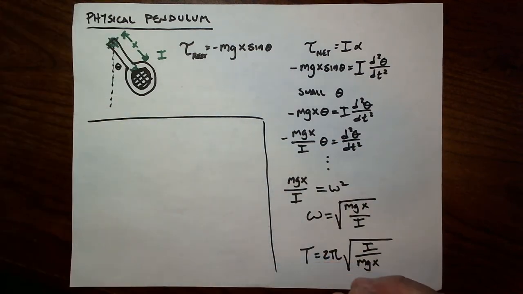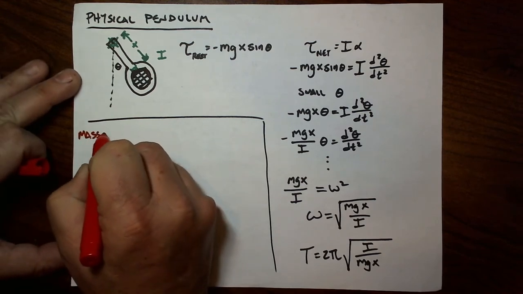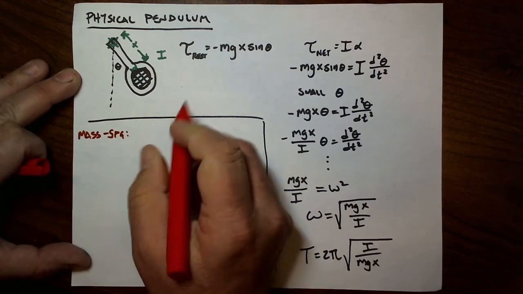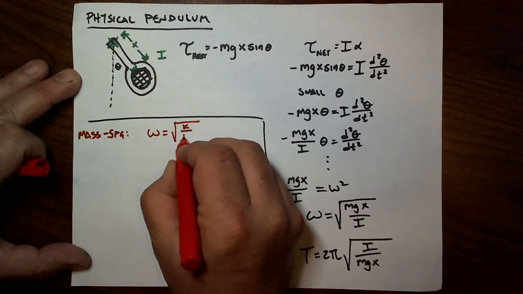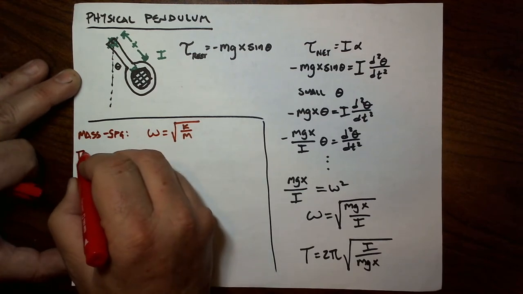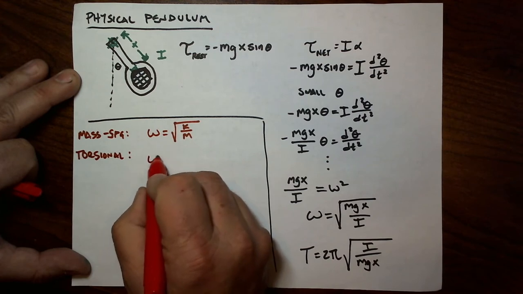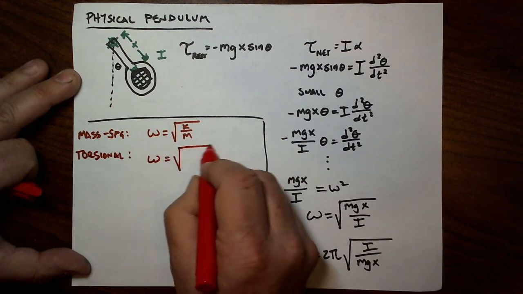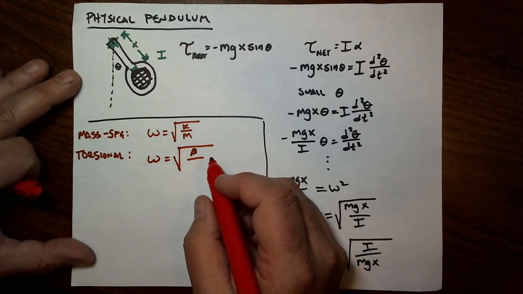So let's go over here and summarize what we've learned. For the mass and spring system, omega is the square root of k over m, something springy divided by something massy. For the torsional pendulum, omega equals the square root of beta over, what was on the bottom there?